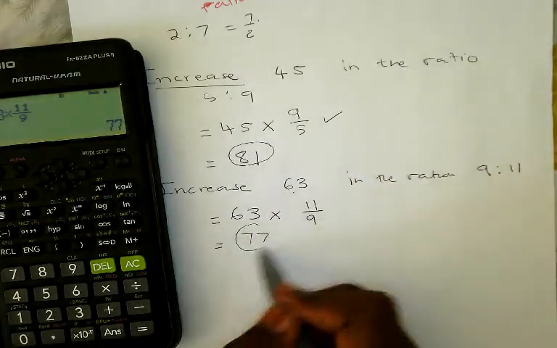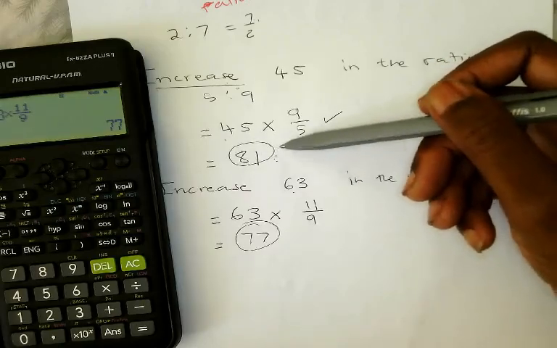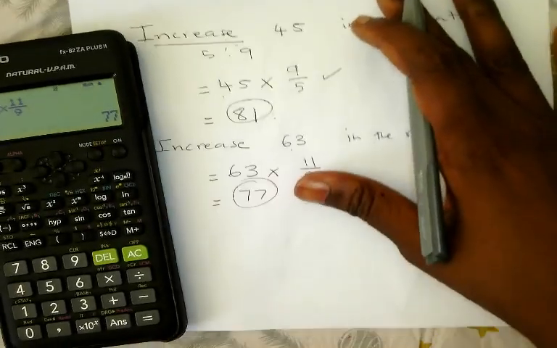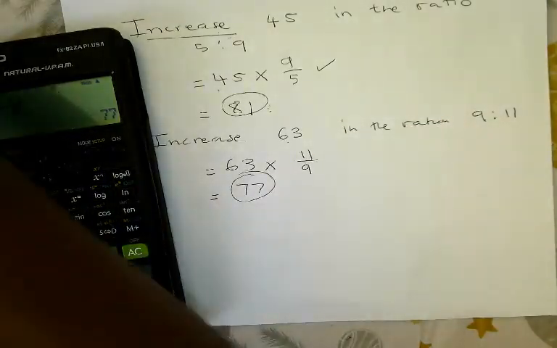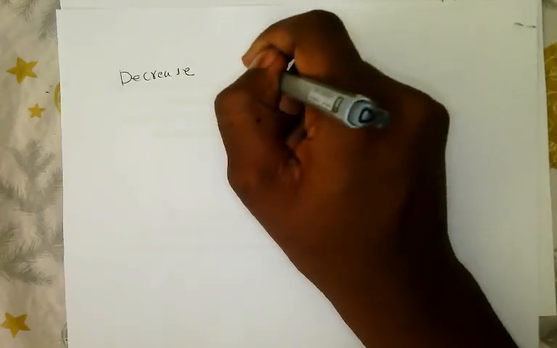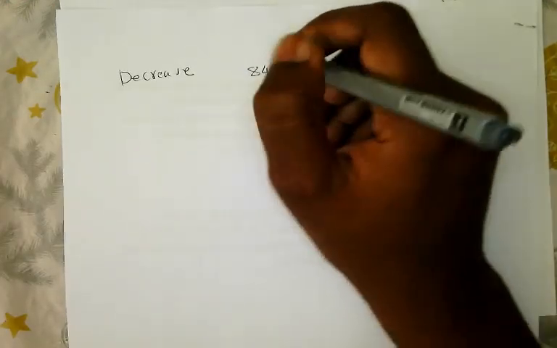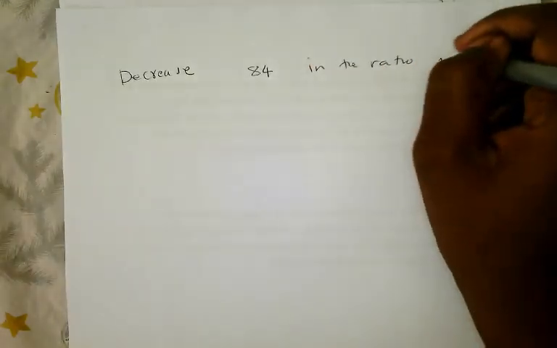And then for decrease, right here, decrease 84 in the ratio 12:5. So 84, now the fraction flips.